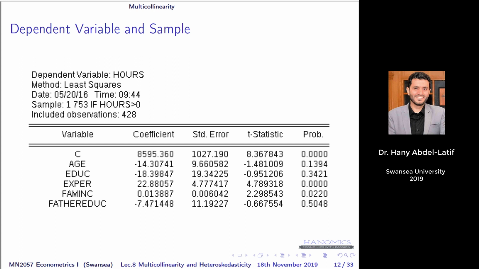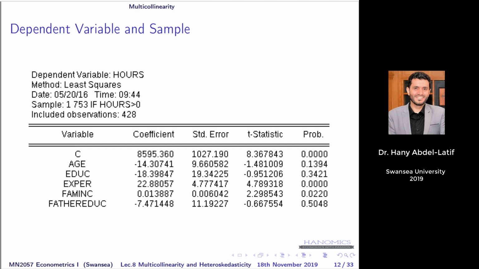But then I put a condition here to restrict the sample, which is if hours are greater than 0. So that means I actually have 428 rather than 753. Why? Because the rest are not working, and I want to model how these variables determine the number of hours a married woman would work.